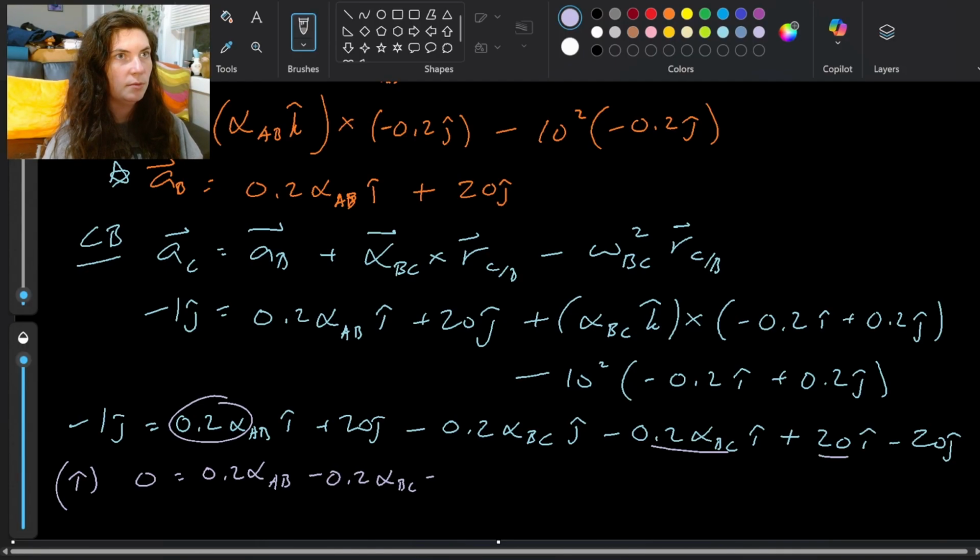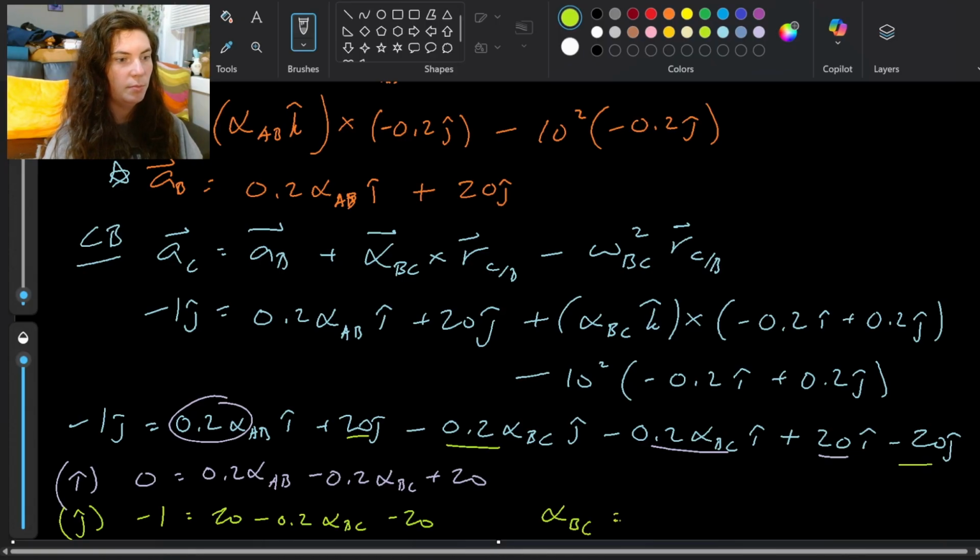And then plus 20. And then my j hats, I have negative 1 equals 20 minus 0.2 alpha BC minus 20. All right, that makes things pretty easy.